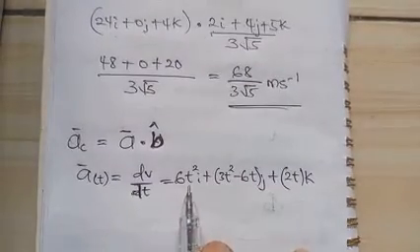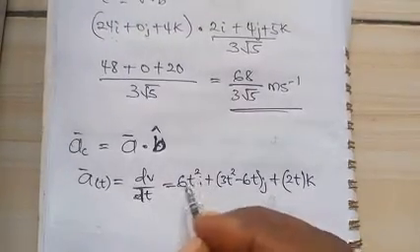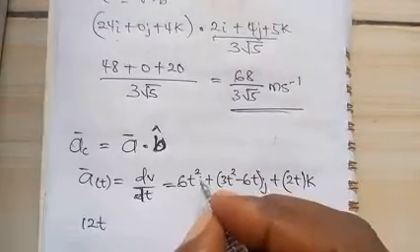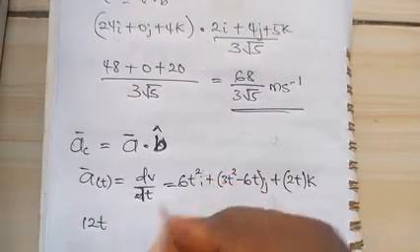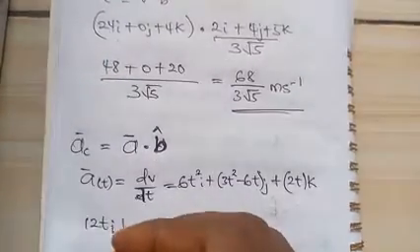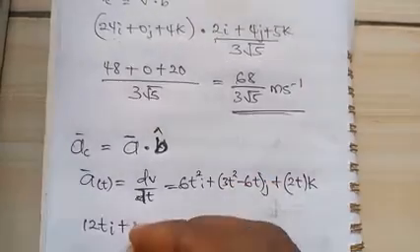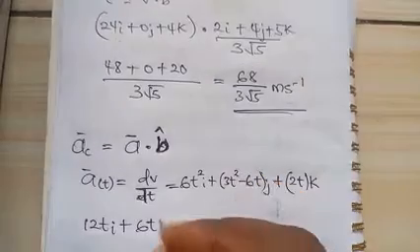So this is the velocity that we got. If we differentiate it, we're going to get 6 times 2, 12t, with 2 minus 1 giving us 1, so 12t i. Now plus 2 times 3 is 6t, 2 minus 1 is 1.